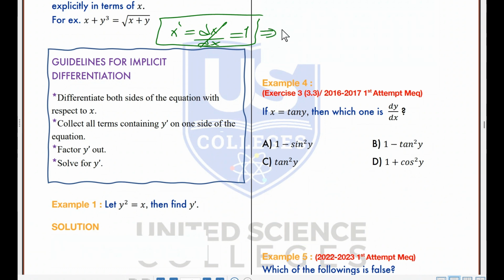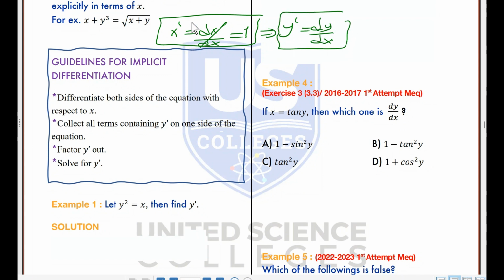On the other hand, if you have y as a function, you take the derivative of y, and you can also write this as dy over dx. There is no simplification. We will leave it as it is. The derivative of y is not 1. It's not a constant number. It is just y prime, or you can express y prime as dy over dx.